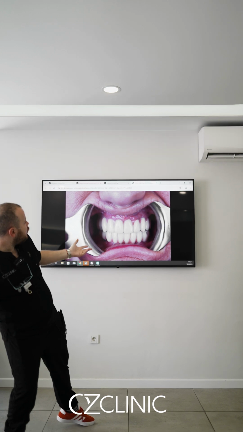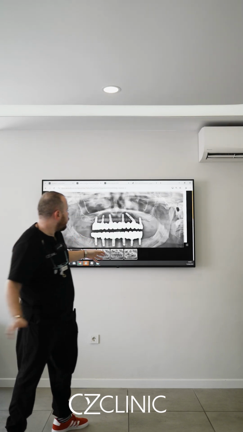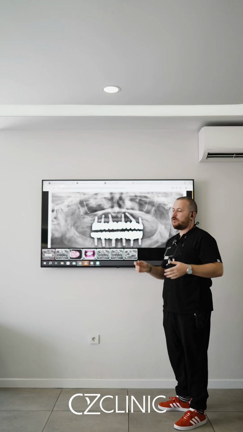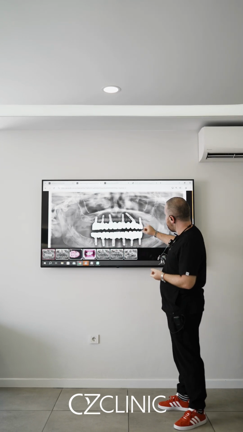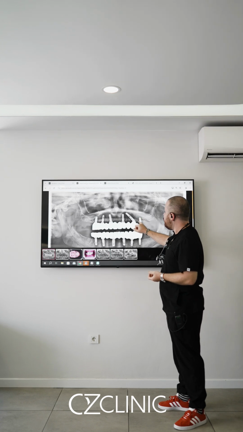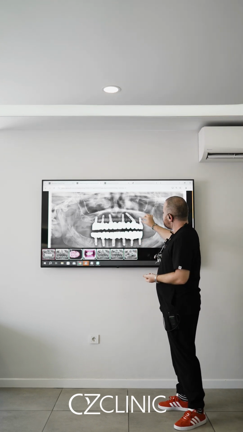If your mouth is suitable for that, yes, we can do All-on-4. But sometimes the patient has more bone than that, and in this situation we do All-on-6 treatment or just straight implants. This is a good example. In the sinus area, the patient has enough bone, so we put the implant straight away.